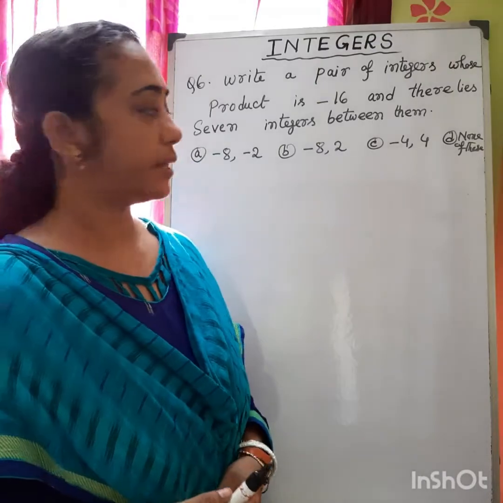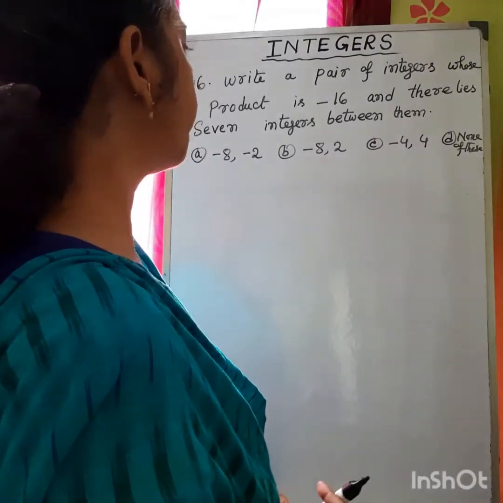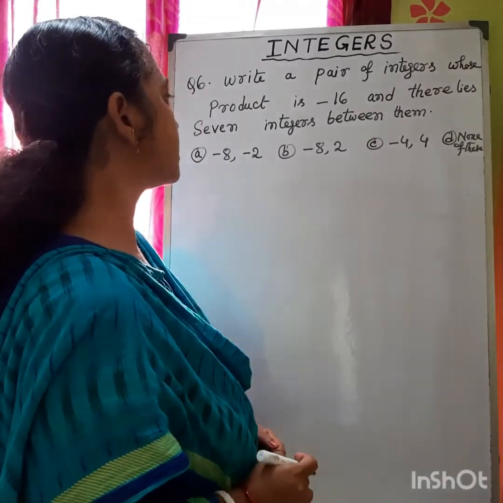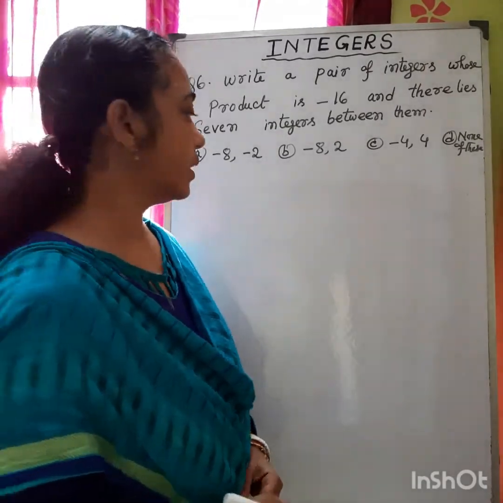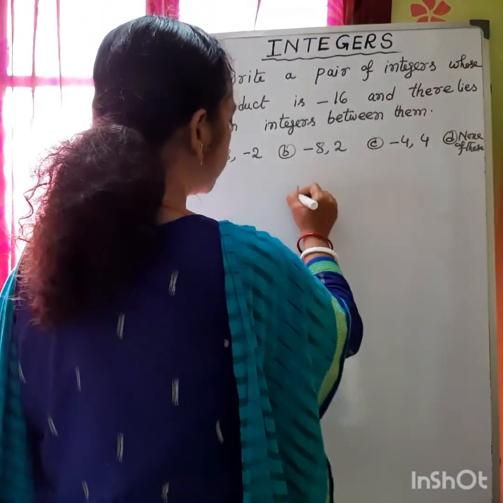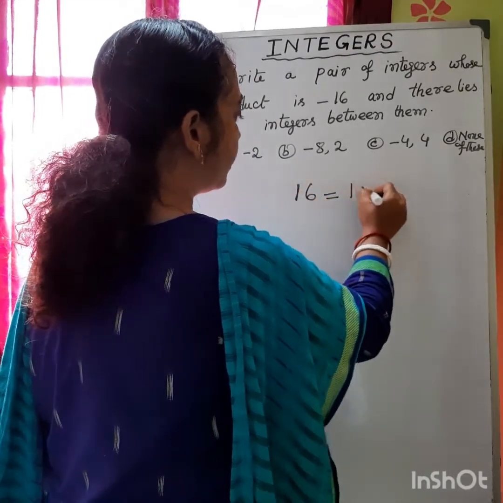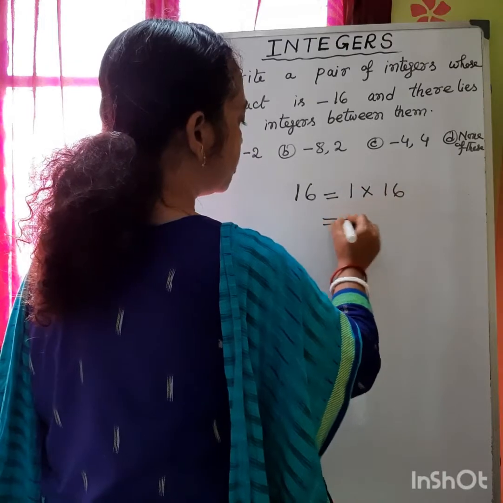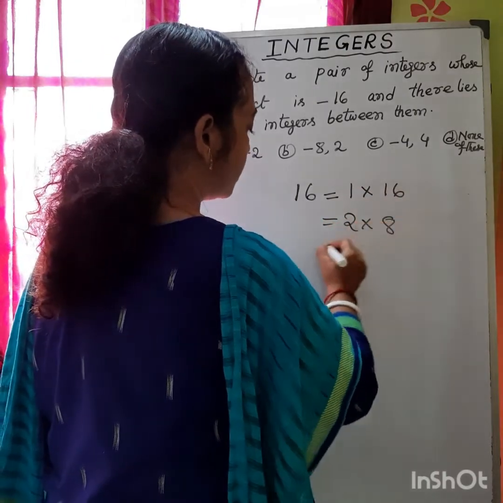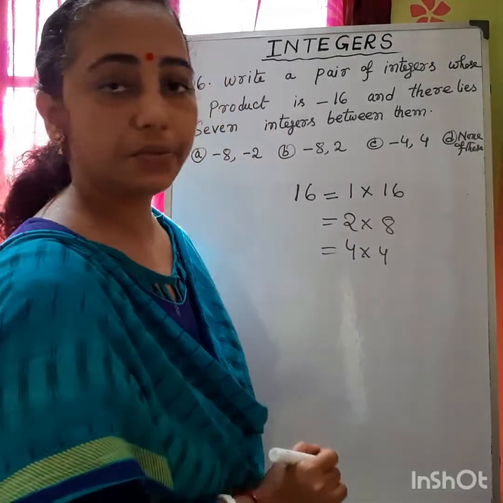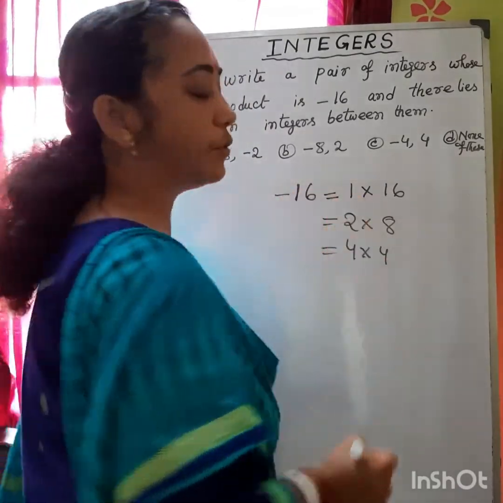Now let us do another question: write a pair of integers whose product is -16 and there lie 7 integers between them. So here we can write 16 as 1 multiplied by 16, then 2 multiplied by 8, then 4 multiplied by 4. Now as it is given -16, one of the signs will be negative.